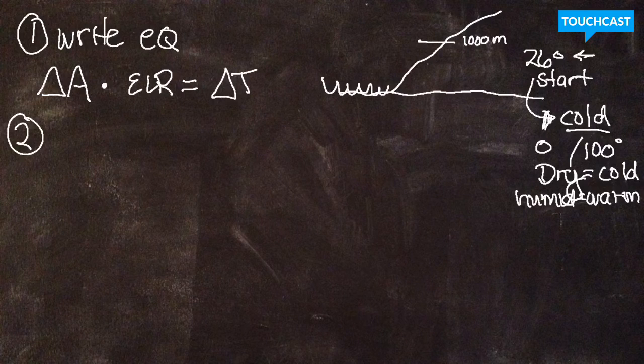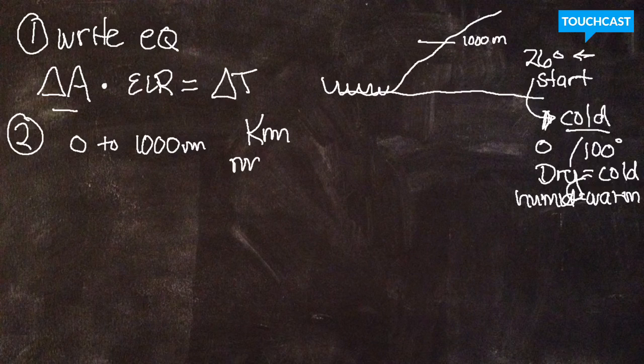So we have this next thing, which is to fill in your knowns and set up your equation. So our knowns. We know the change of altitude because we're going from 0 altitude to 1,000 meters. Well, when we're dealing with this equation, we want everything to be in kilometers. So that means we have to change our meters to kilometers.